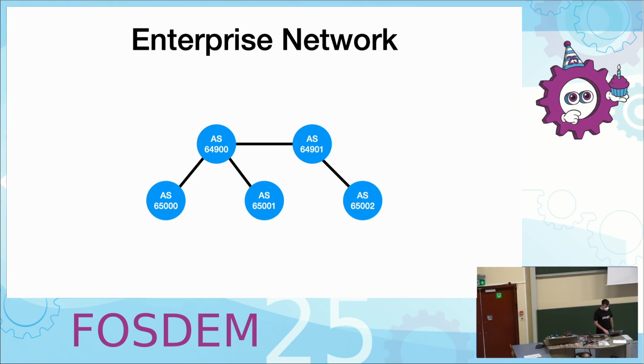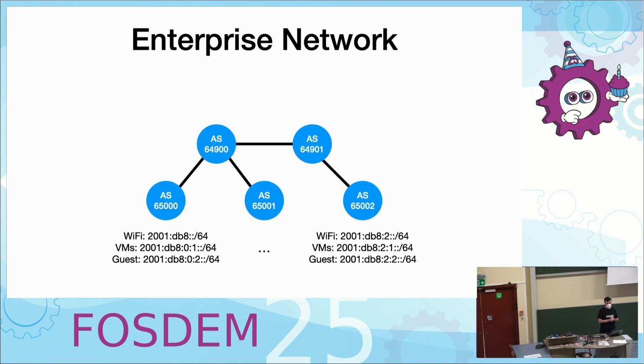Eventually, it's very common to rely on BGP. These ASs can be different racks in your network, or different branches around the country. Whatever these ASs mean to you, you usually have a setup that looks like this.